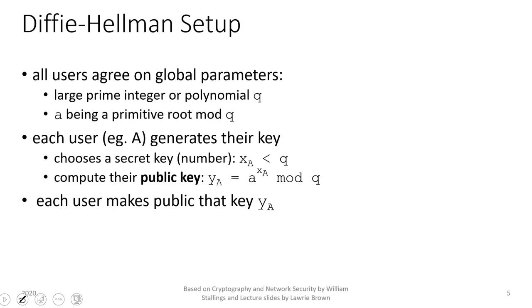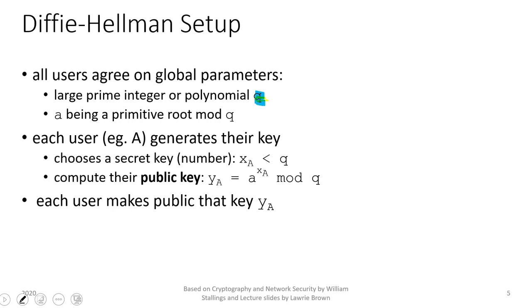There should be some parameters that everybody agrees on. We would call them global parameters. We would identify a large prime integer or a polynomial. That is something that we would identify first.